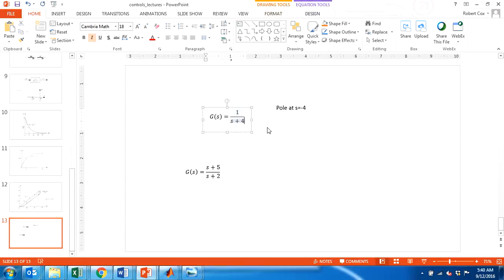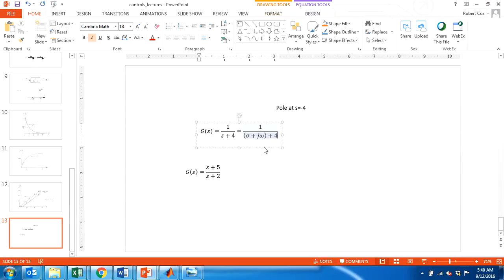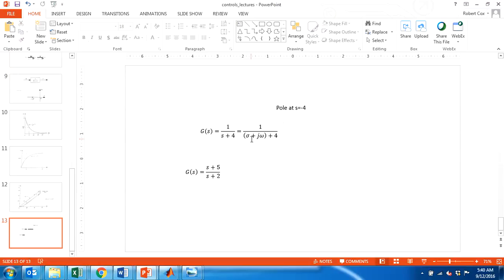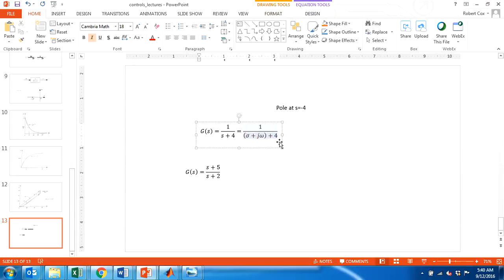Say G of s is 1 over s plus 4. That means it is 1 over sigma plus j omega plus 4.